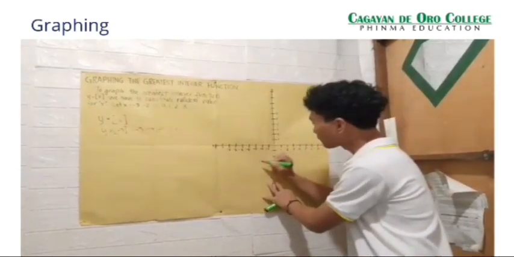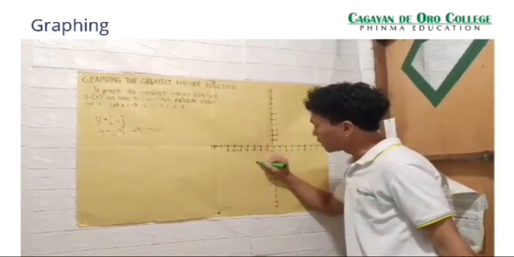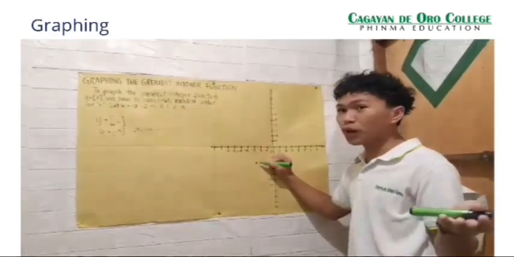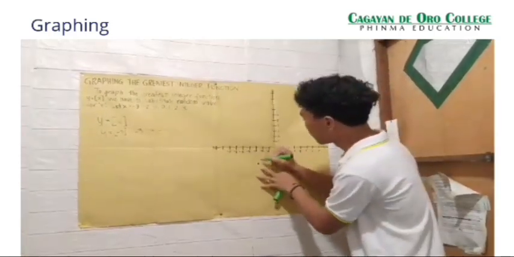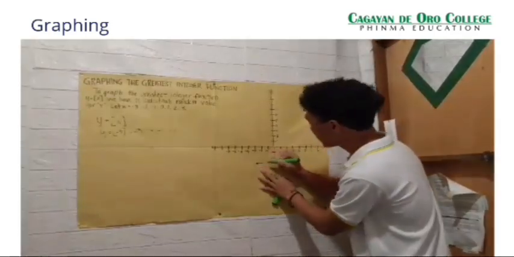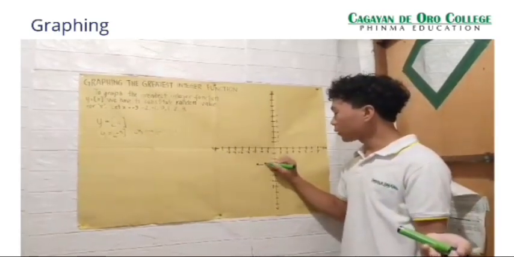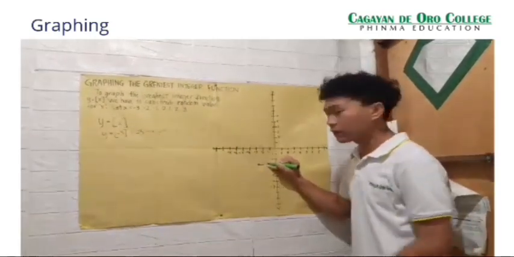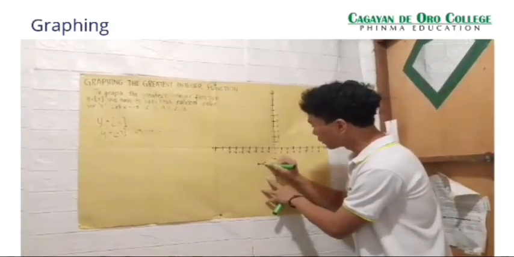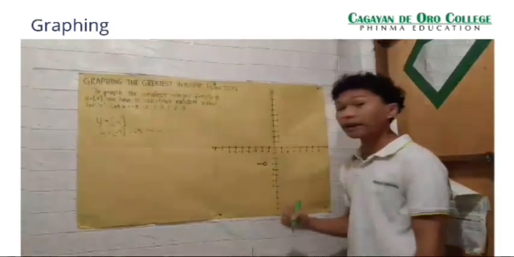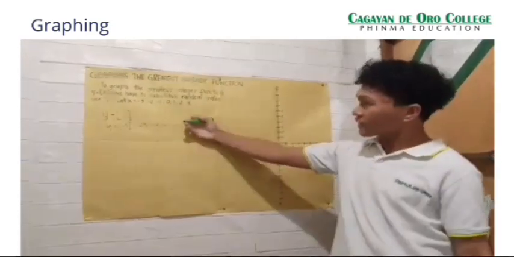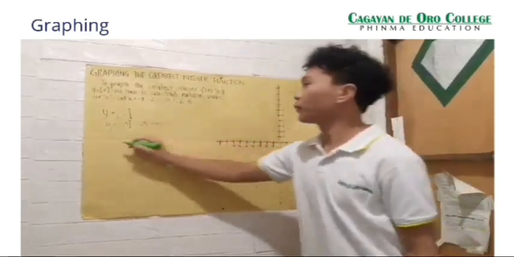So this is our point. We need to move 1 unit to the right, where it ends in an empty circle. So just like that. And next is the negative 2.